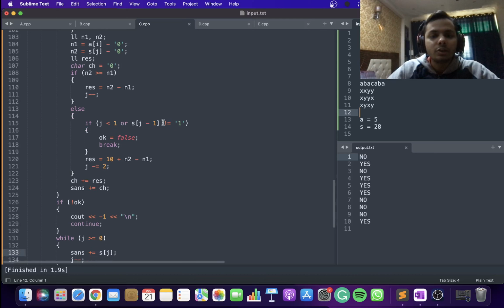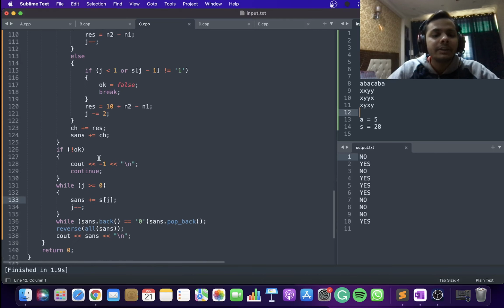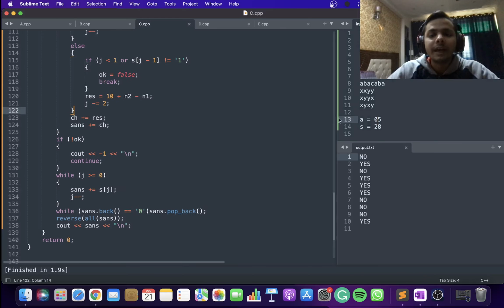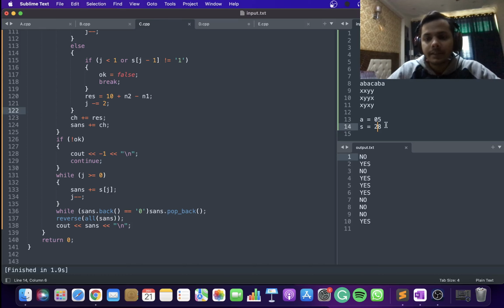So I break out of this two-pointer approach, but what I realize is my j is still greater than or equal to 0, and my j is still pointing to this 2. So I know that I can just append a 0 here, and then the things will be good, right? So then what I'll do is I will just straight away append this 2 to my answer, and I will get 32, which I will then reverse, and it will become 23, right?